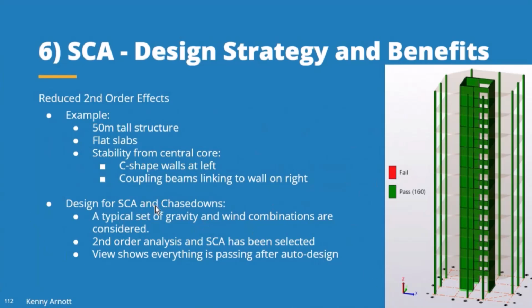And then I've designed this for stage construction analysis and the chase downs for a typical set of gravity and wind combinations. I've set it so that the reinforcement is automatically selected. It's designed for second order analysis. And I've got to the point where everything's passing after an auto design.